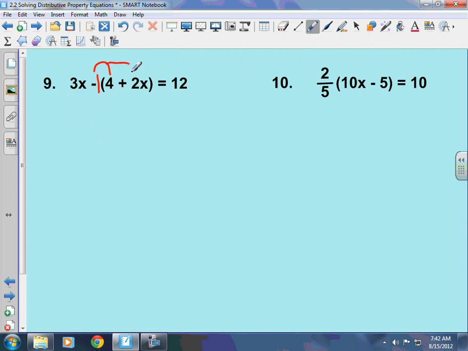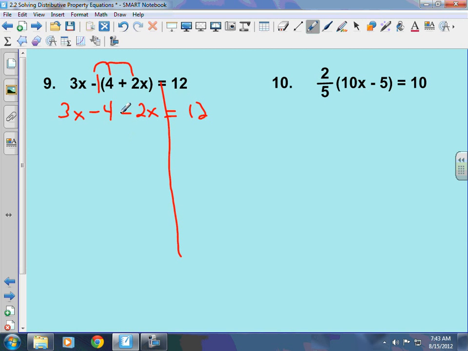I have to distribute it, so I get 3x. Negative 1 times 4 is negative 4. This negative sign did not just come down because negative 1 times positive 4 is negative 4. Negative 1 times 2x is negative 2x. This positive sign doesn't come down because the 2 changes to negative. Equals 12.